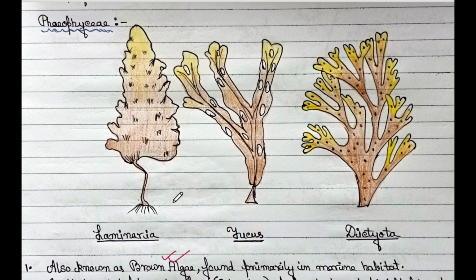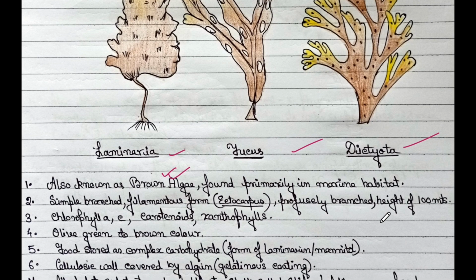And what are the typical examples of Phaeophyceae? Laminaria, fucus, dictyota. So these are also known as brown algae, and they are primarily in marine habitat.